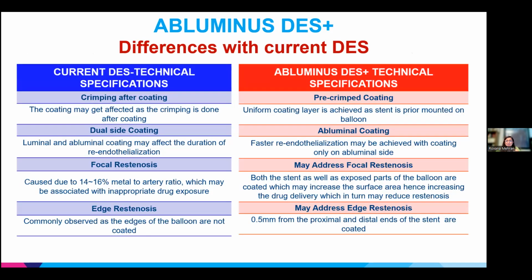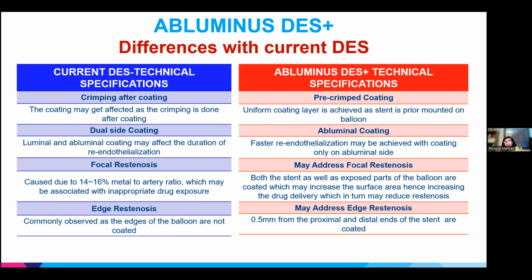So if you look at this with the current technical specifications of the Abluminus DES, we're hoping to have a uniform coating layer with faster re-endothelialization, as well as addressing that focal restenosis that occurs on the edges, because the balloon edges are also being applied the drug.